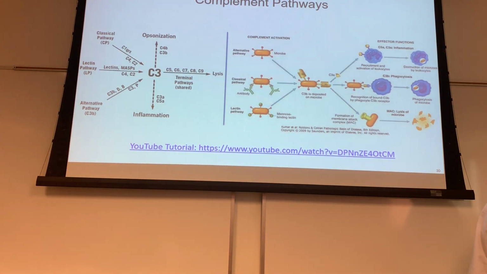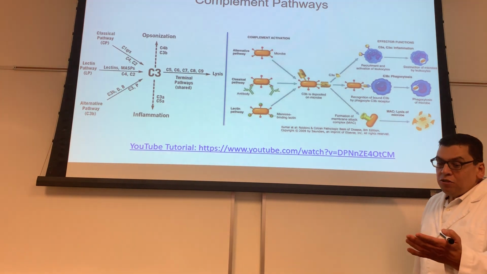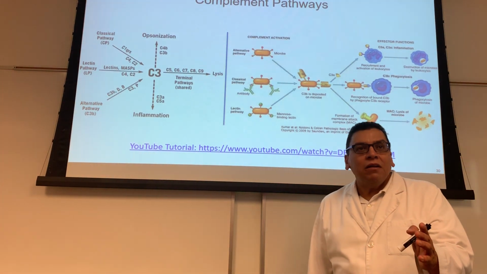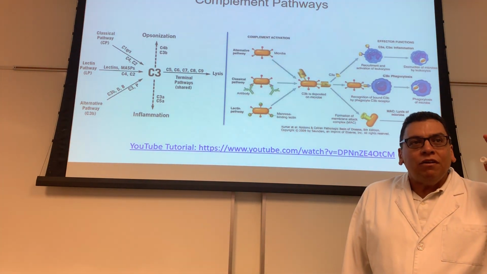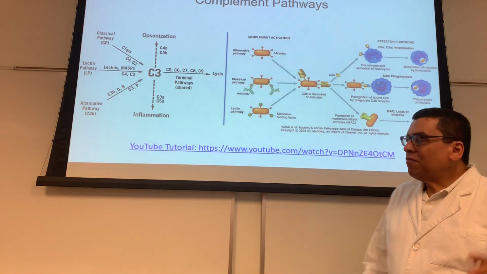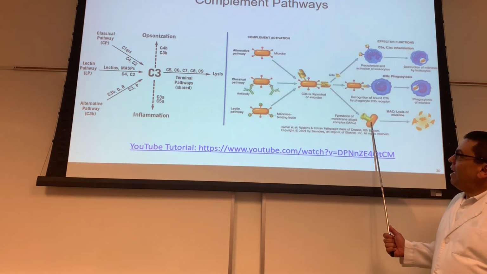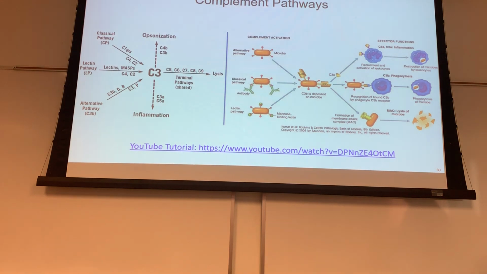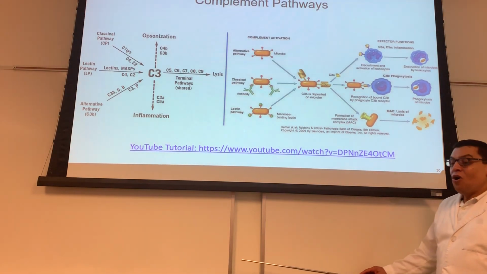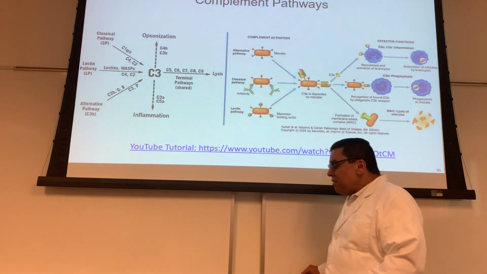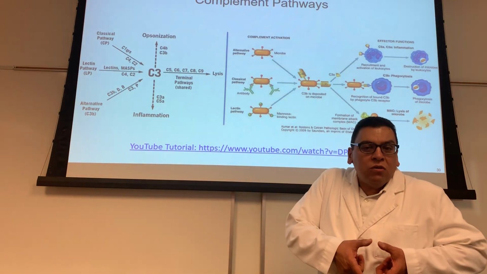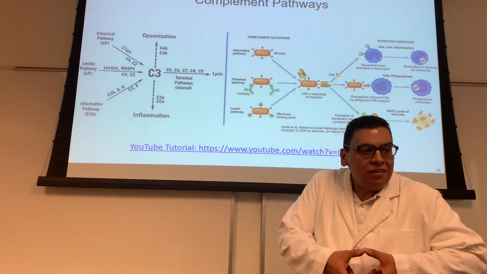Every time you hear about the complement system, if you learn about it in detail, which you are, you will remember this part. The membrane attack complex. The complement system is known for basically putting holes in the membrane of bacteria.